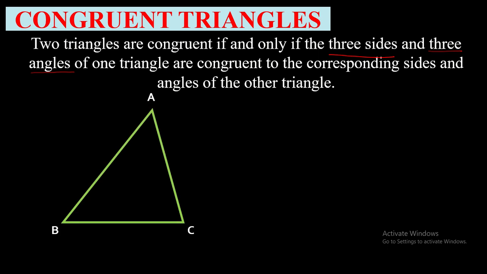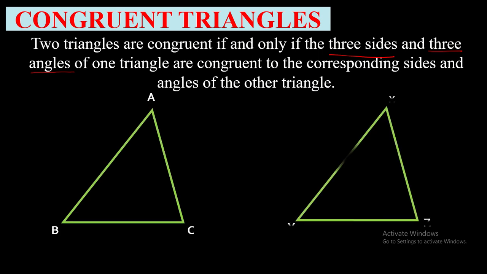So it means if we are having two triangles just like here, ABC and XYZ, these two triangles will be congruent to each other if the three sides of triangle ABC are equal to three sides of triangle XYZ and the three angles of triangle ABC are equal to three angles of triangle XYZ.